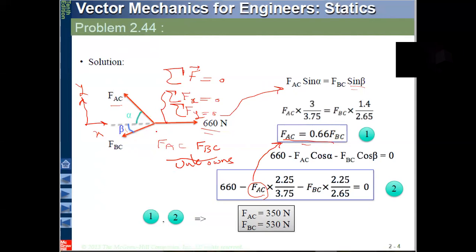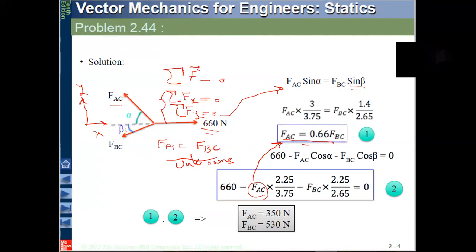Well, you have two forces, you have two unknowns, and you have two equations, so you must be able to solve this problem by writing these two equations.